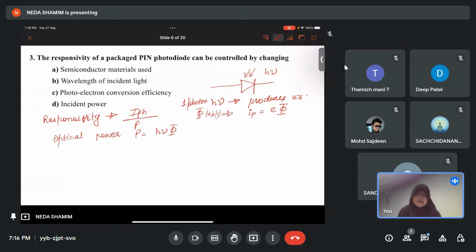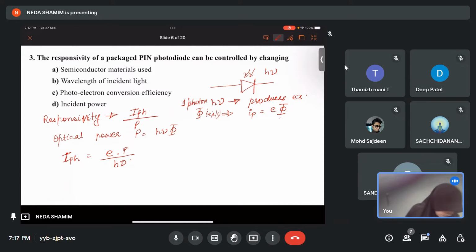Here phi is the number of photons per unit time, and that number of photons is producing some electron flux, let that also be phi. So what will my photocurrent be? Let's substitute phi is equal to P by h nu. So I_PH is equal to e times P divided by h nu.